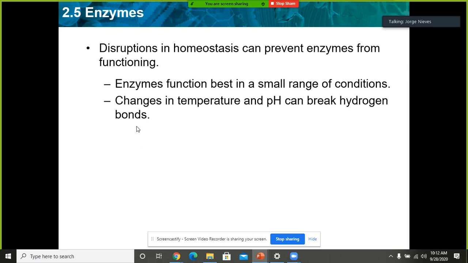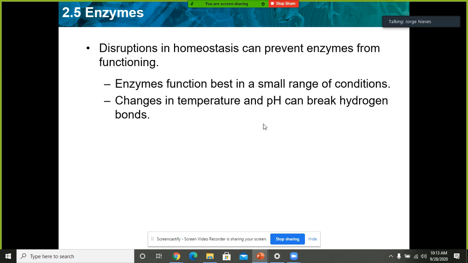Okay. For example, changes in temperature and pH, ¿verdad? El pH que habíamos visto from acid to base can break hydrogen bonds. Okay. So if hydrogen bonds are broken, what's going to happen? Well, those functions are going to be broken down. Okay, so the enzymes are not going to work like they're supposed to work.